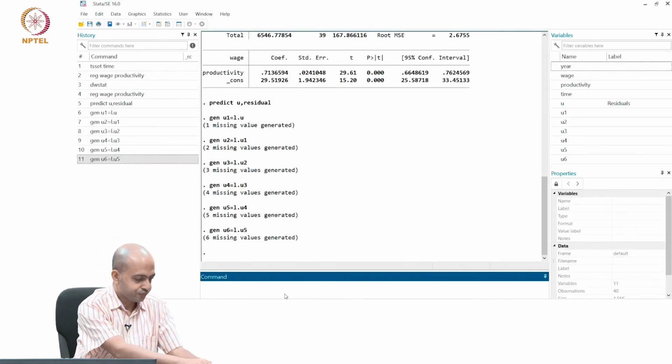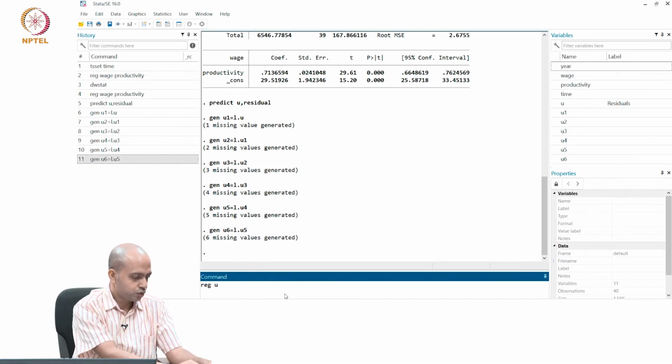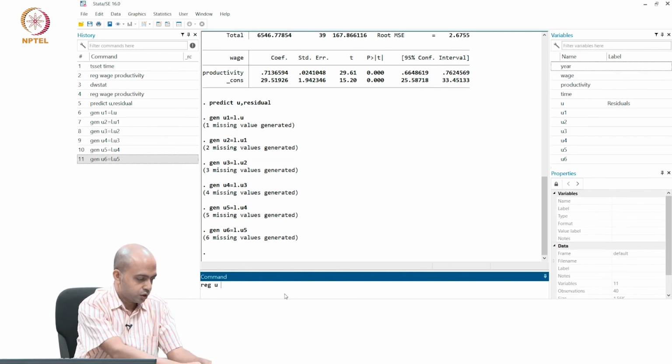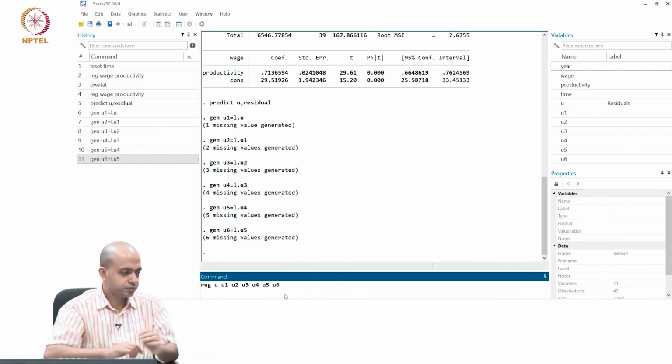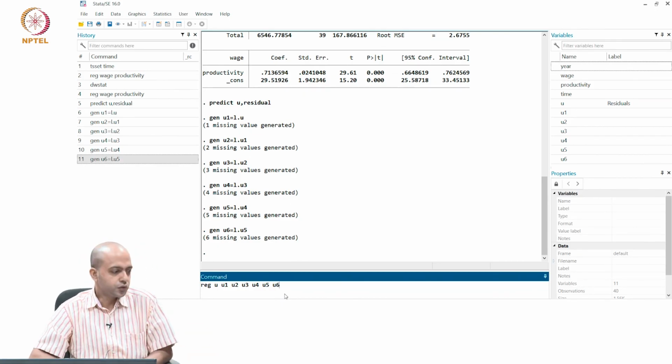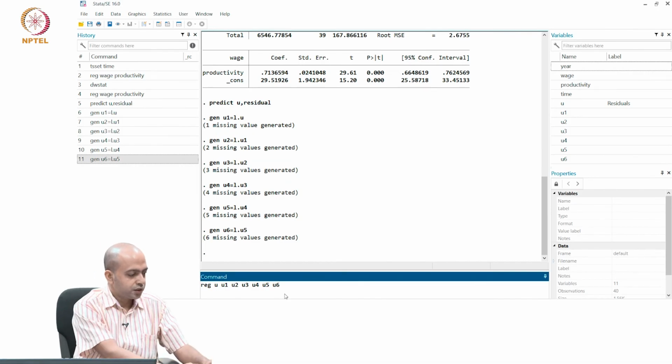So, reg u on u1, u2, u3, u4, u5 and u6. And then you need to include productivity also.